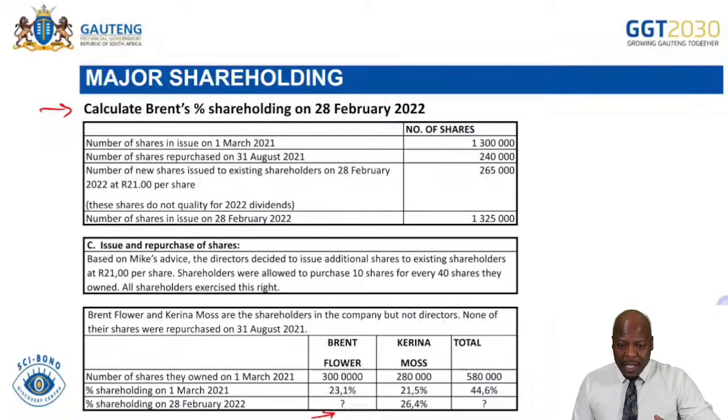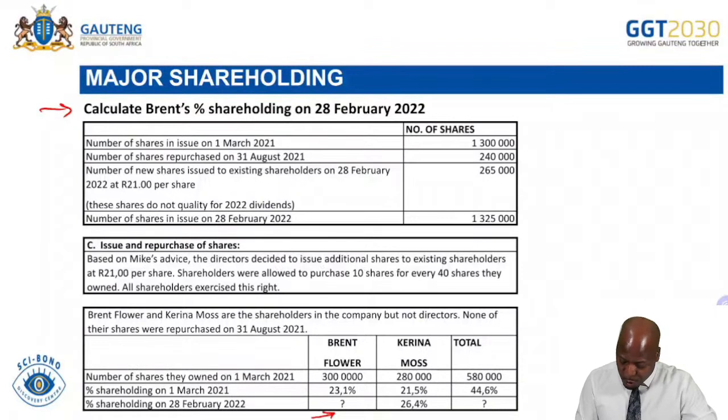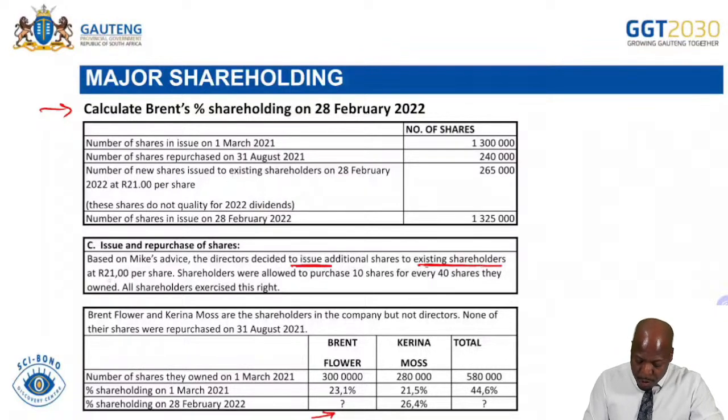What is happening is that in this company, Mike has given advice to the directors and they've decided to issue additional shares to existing shareholders. These shares will be issued at 21 Rand per share.